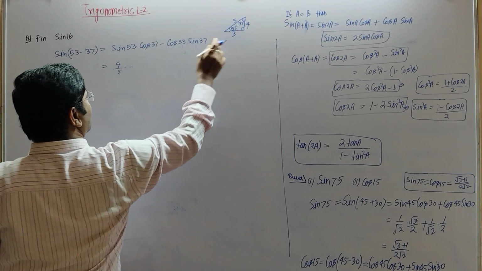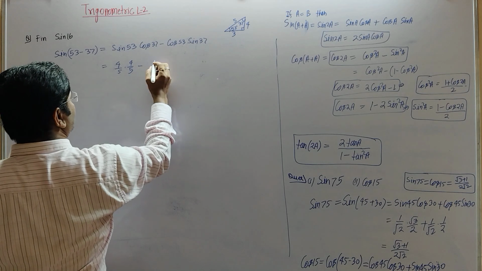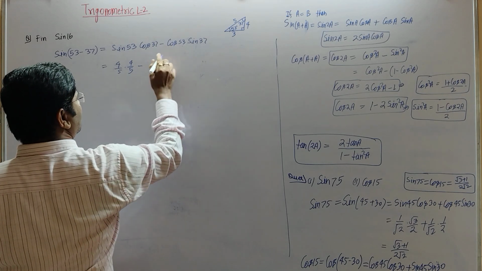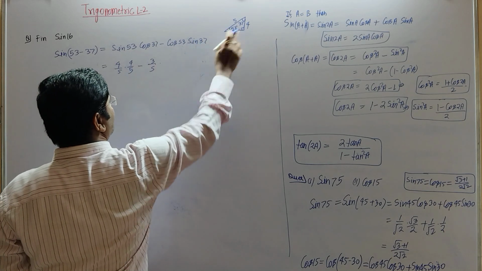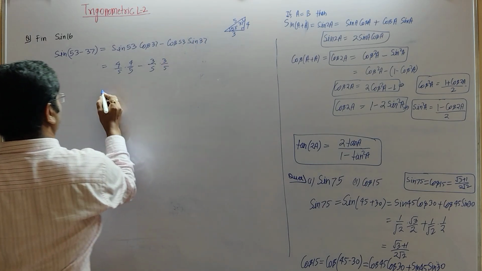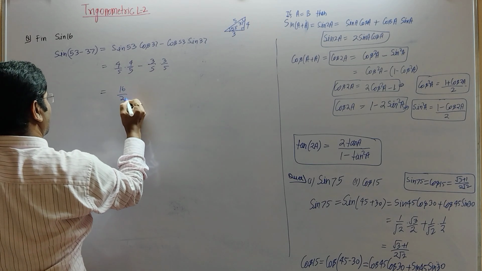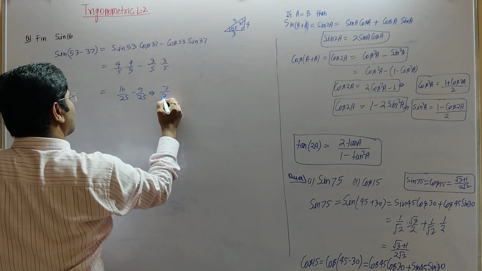Cos 37 is 4 upon 5, minus cos 53 is 3 upon 5, sin 37 is again 3 upon 5. So we can write 16 upon 25 minus 9 upon 25. So this value is 7 upon 25.